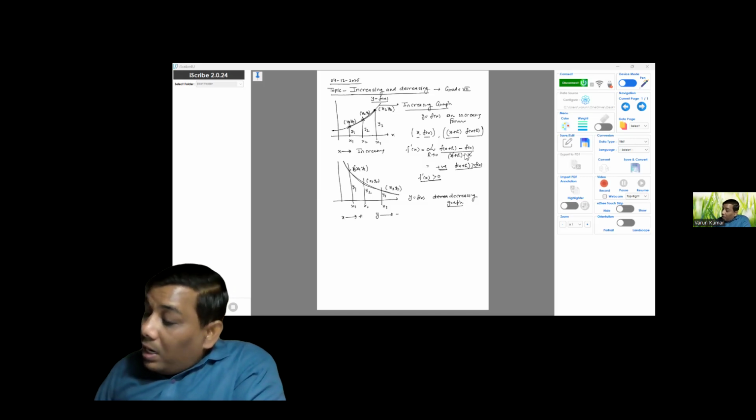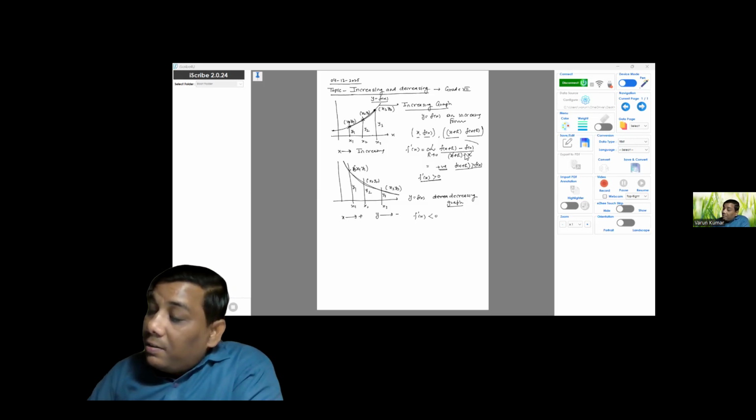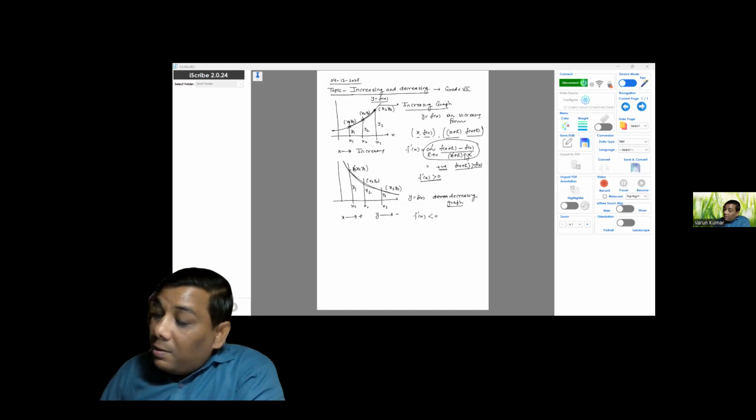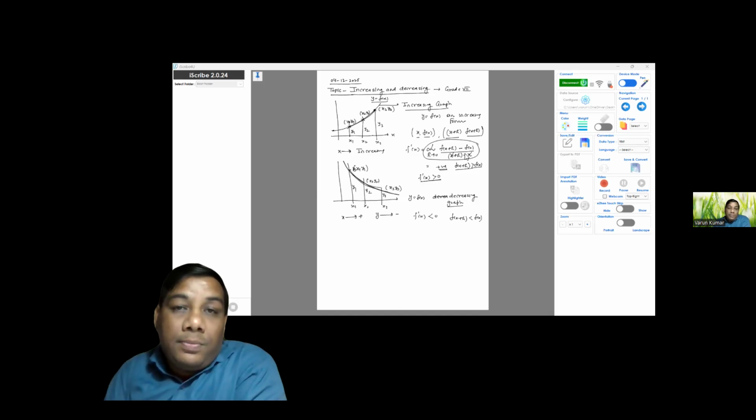And for a decreasing graph, the value of f dash x must be less than 0, because here f(x plus h) is greater than f(x), but in this graph, f(x plus h) is less than f(x).